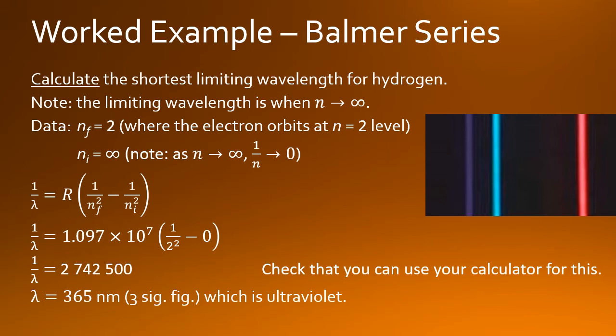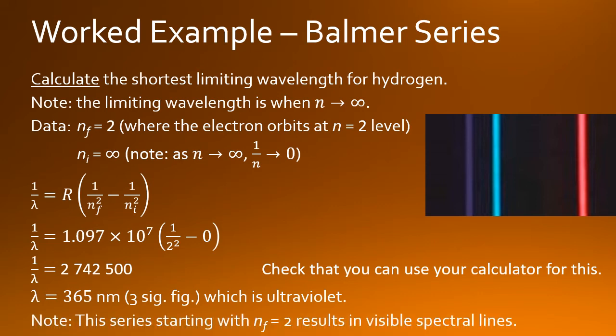In other words, it's invisible. So this means that when an electron goes from the shortest wavelength, the limiting wavelength for hydrogen, and falls down into orbital 2, it will give out a photon with lambda equals 365 nanometers.